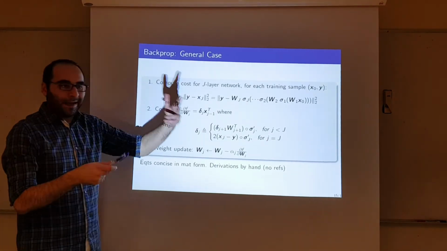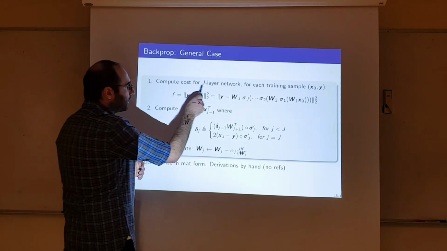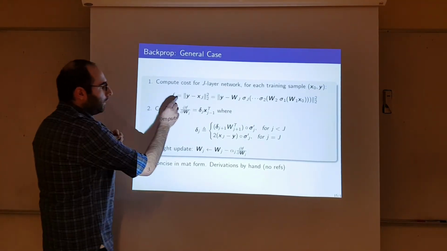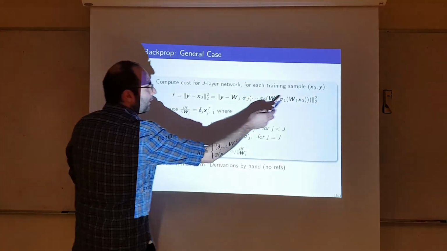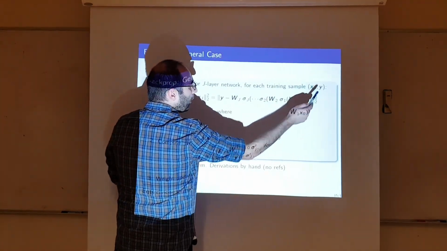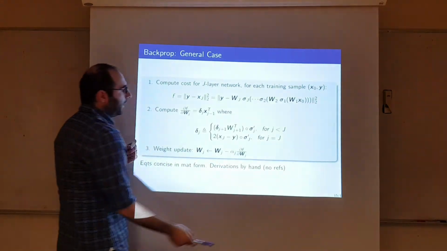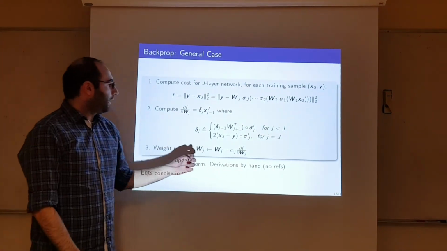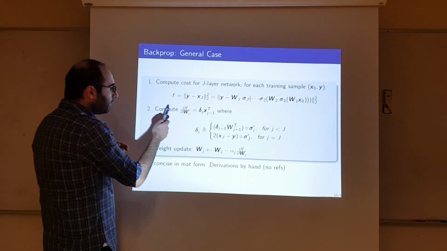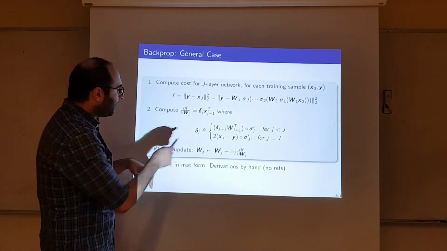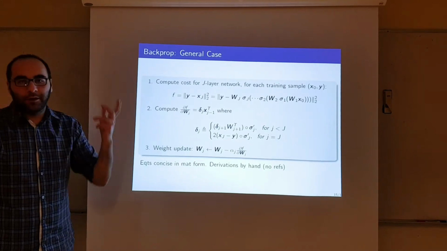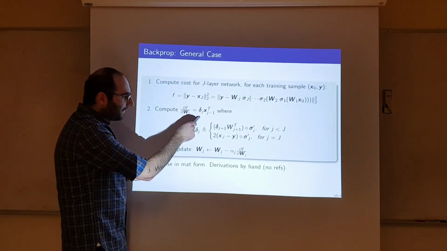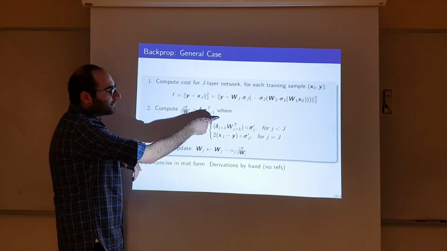So how does backpropagation work? First you compute the cost function at the output. Here you give it one pair of training example, x0 and y, and this is the cost function that you minimize. Then to compute the gradients, they have a very nice expression, parameterized by delta j and xj minus 1.